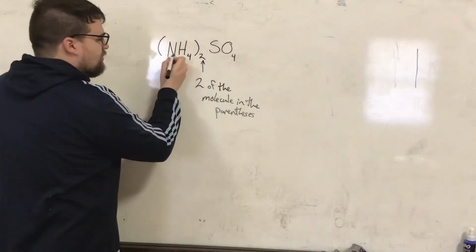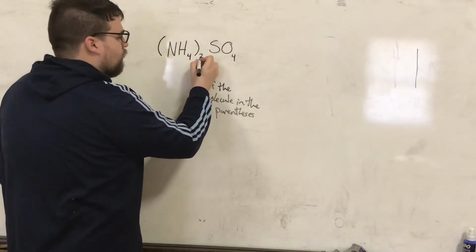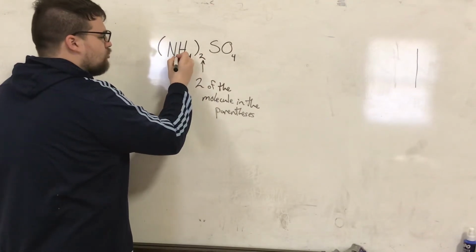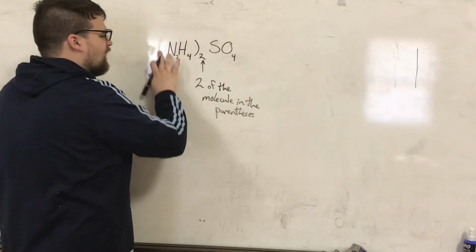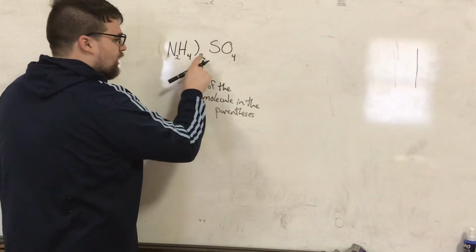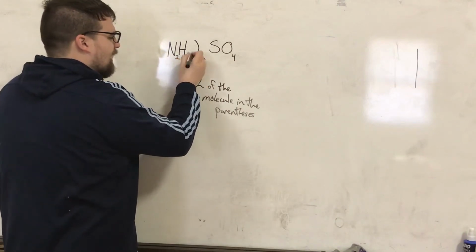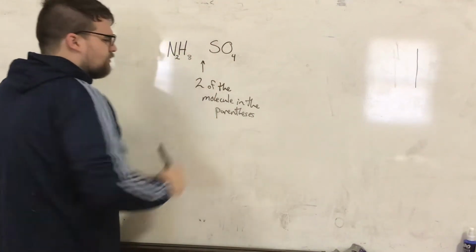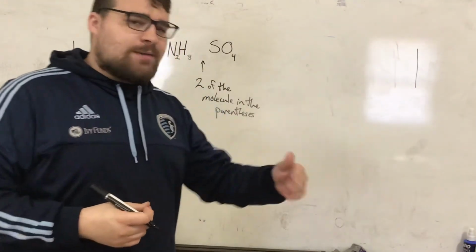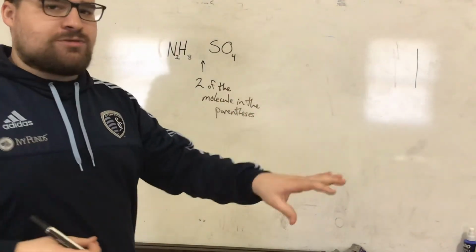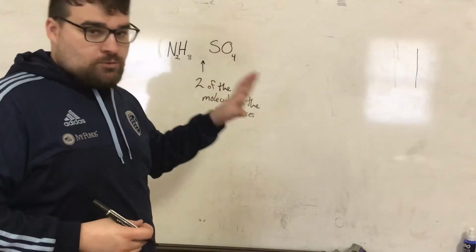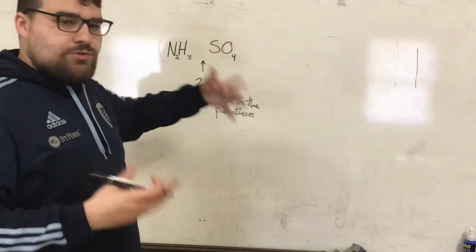So you say, okay, currently we have 1 nitrogen. Well, if there's 2 of these molecules, that means there's actually 2 nitrogen. And if we had 4 hydrogen in the original molecule, but there's 2 of them, 2 times 4 means we actually have 8 hydrogen. If we multiply that subscript outside of the parentheses into the elements in the parentheses, then we can remove the parentheses entirely.